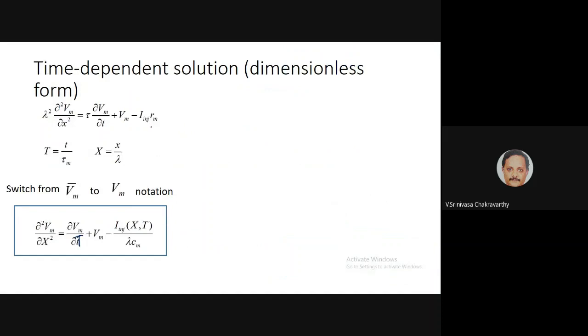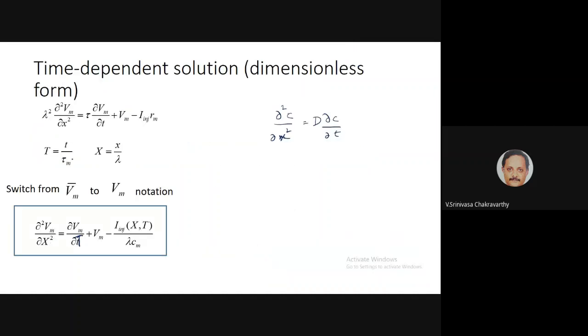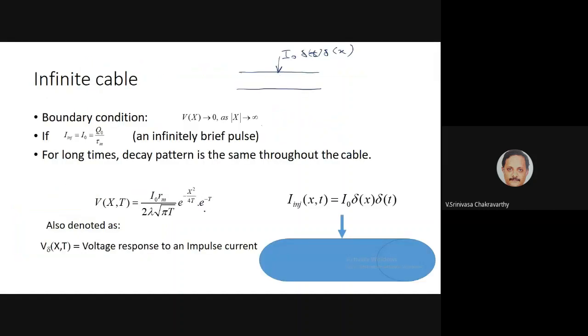This equation is very similar to the diffusion equation, where you have some d square c by dx square equal to some D times dc by dt. This is a diffusion equation. The solution to this will be of this form, just the Gaussian part without this extra e power minus t. So it will be a Gaussian which is spreading with time. That's the solution of the diffusion equation. But the cable equation has an additional term Vm, so therefore we have an additional term here, which is e power minus t.